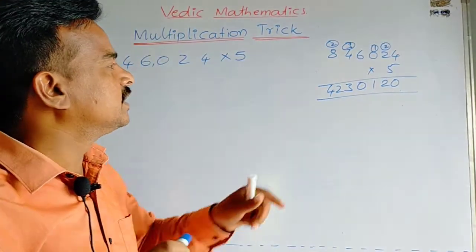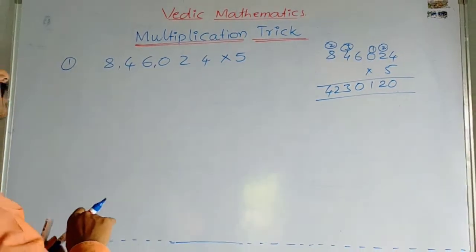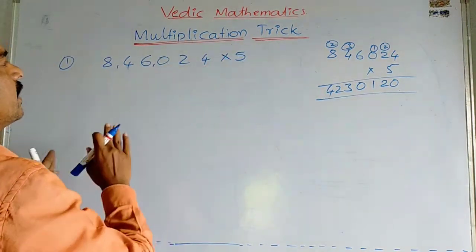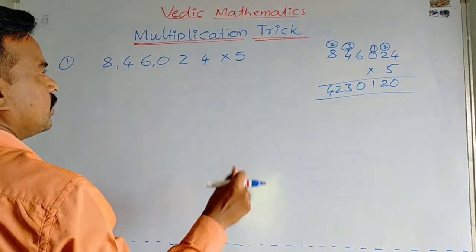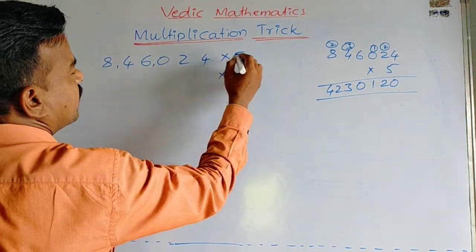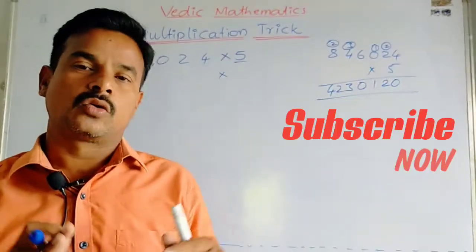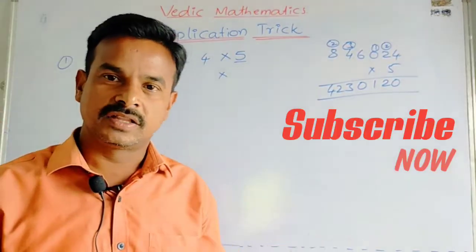Of course, it can take 1 minute, more than 1 minute also. But there is an easy method by using a Vedic mathematics trick. That is, this 5 we can write by using addition as 1 plus 4 or 2 plus 2 or 3 plus 1.